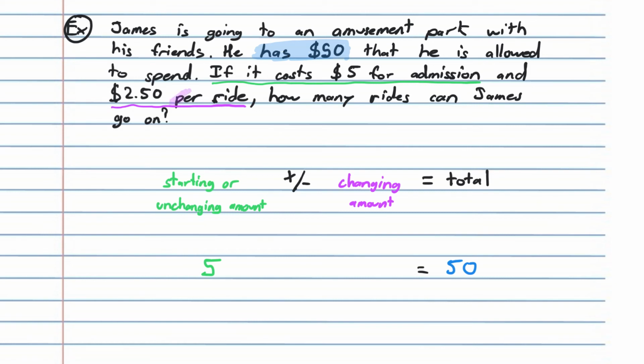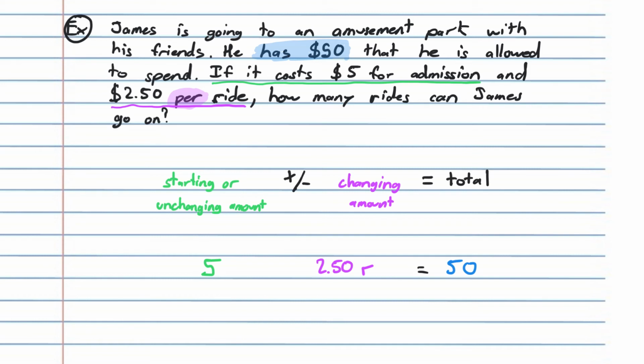This word per is a good signifier that this is the part that's changing. So this is how you'd represent that. It's 2.50 per ride. Let's just use the letter R. So it's 2.50R. That's our variable, the part we don't know about.